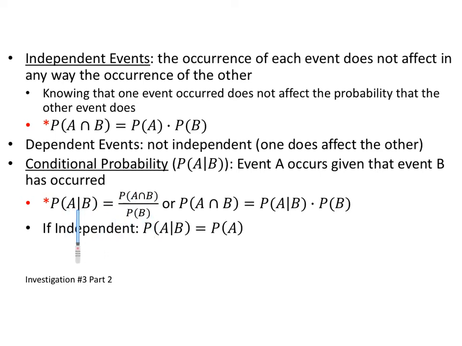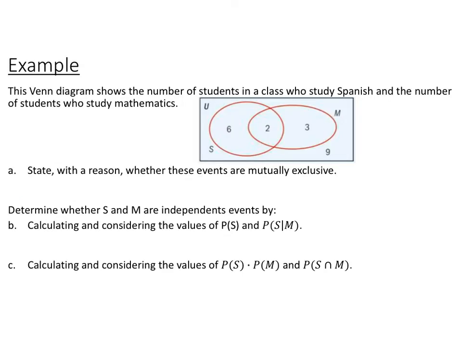So probability of A given B is equal to the probability of A intersect B divided by the probability of B. Or if you rearrange these, the probability of the intersection is equal to the probability of the conditional times the probability of B. If you know they're independent from each other, then the probability that A given B happens is just the probability that A happens regularly.